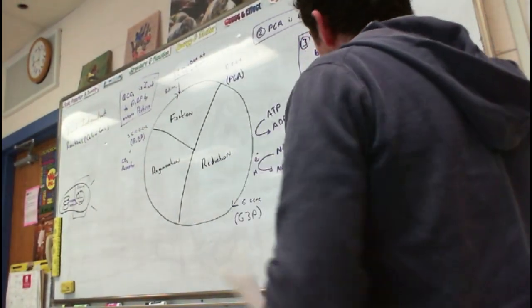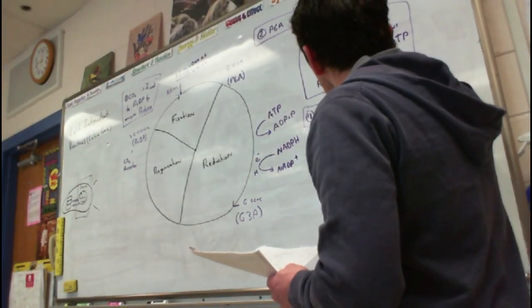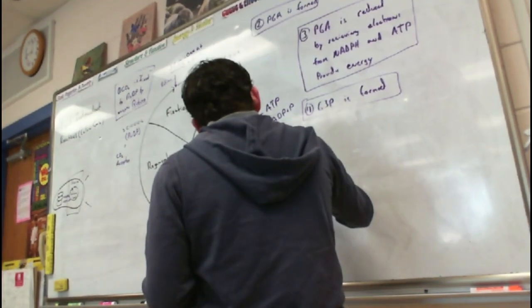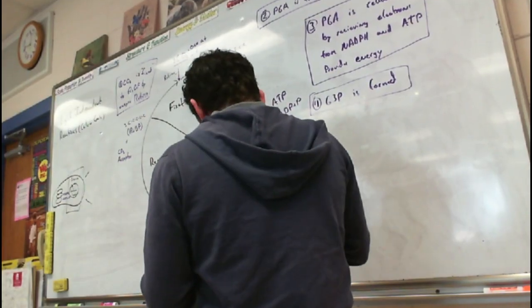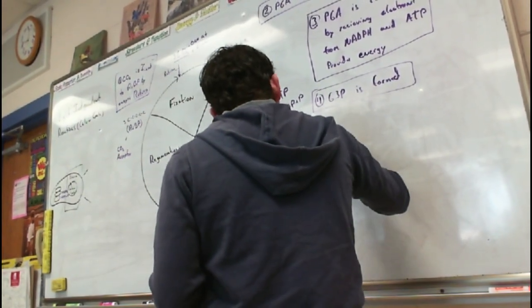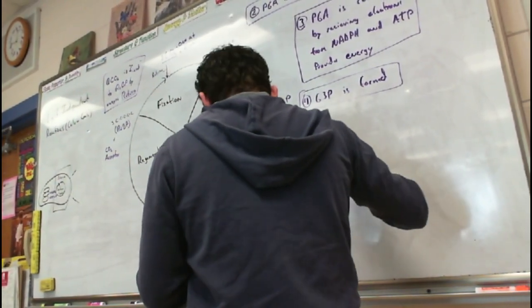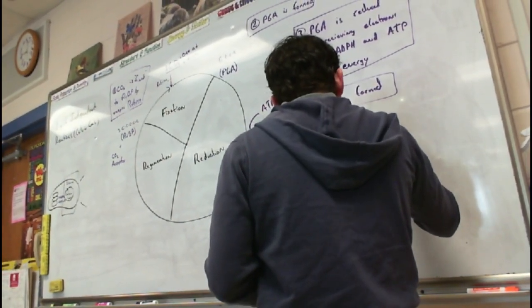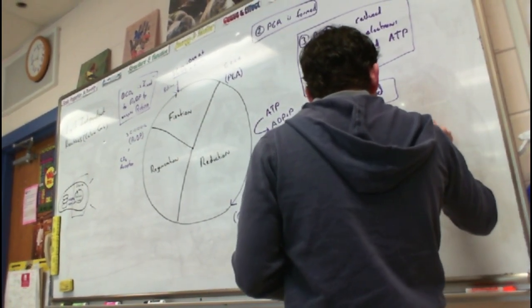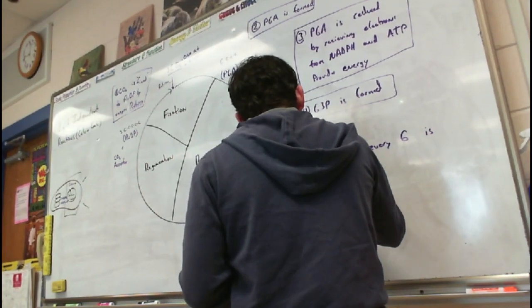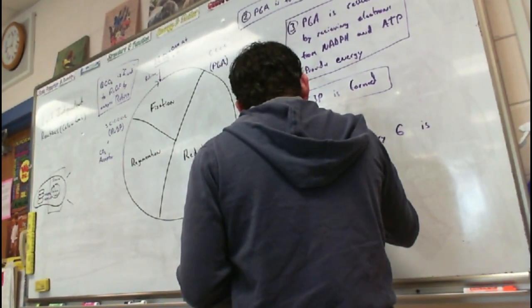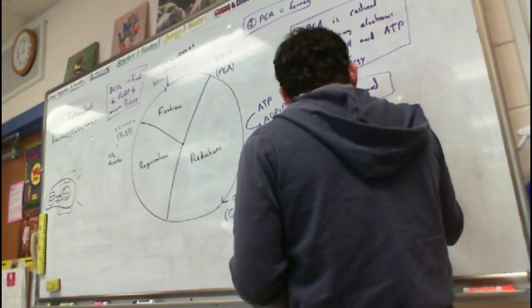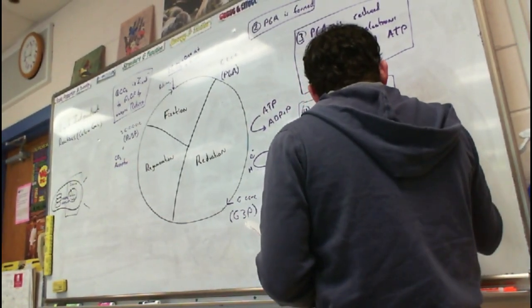So, made some G3P. Last two steps, or step really. One G3P for every six is removed from the cycle to form glucose.